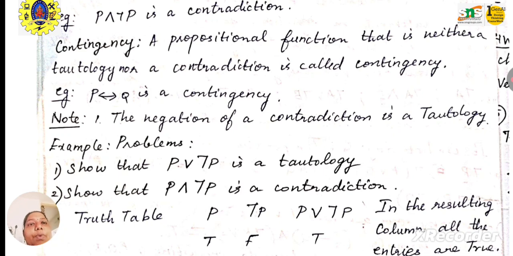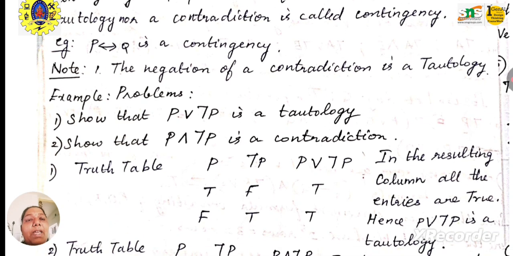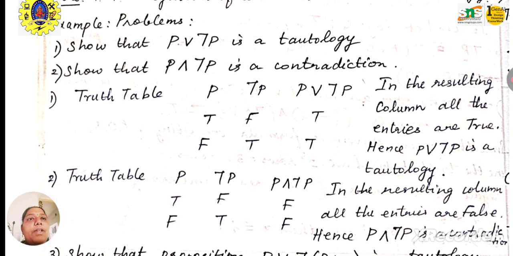Now we are going to show that p or negation p is a tautology. We apply a truth table. They have given a single statement, so our formula is 2 power n. Here we have a single statement p, so 2 power 1 equals 2. We apply two values, true and false, for p.